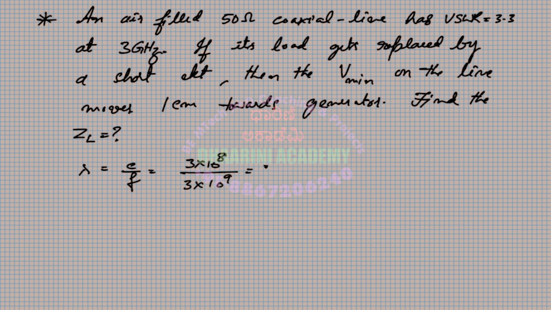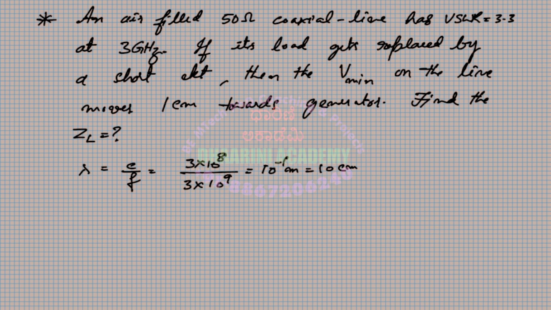That is 10 to the minus 1 meters, or if I want centimeters, this is 10 centimeters. Correct? All right, so we got the lambda now. And how much you are moving, right? You see here, this is the point.